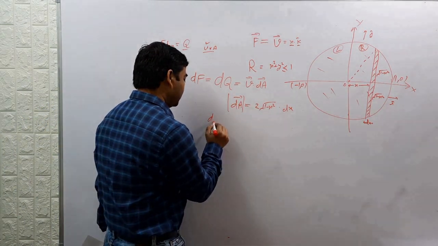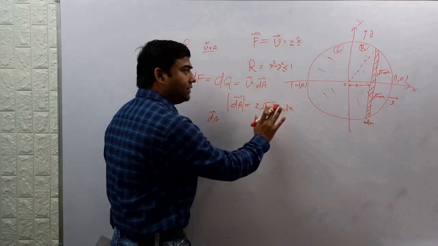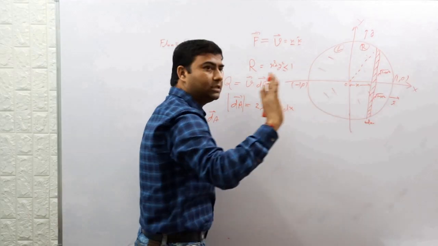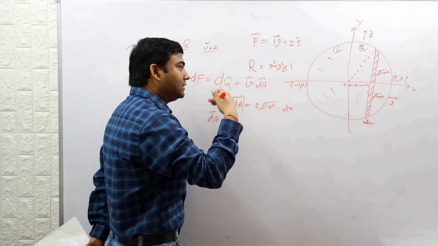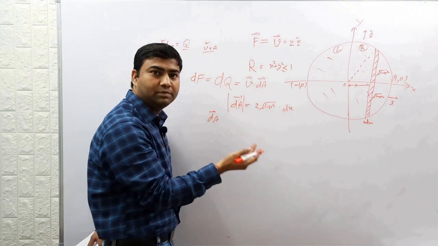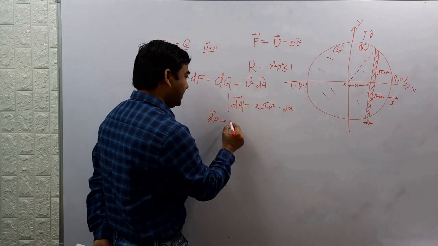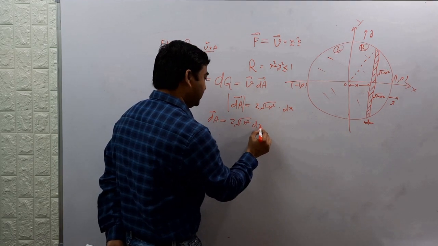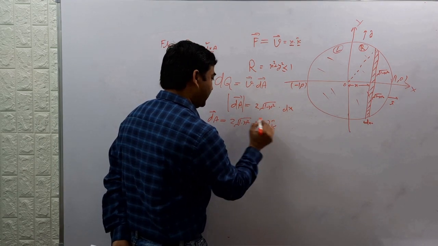Now the area vector. We have assumed the normal direction above the board is positive, and the vector in that direction is k, plus k, in positive z direction. So dA will be 2 under root 1 minus x square dx k.